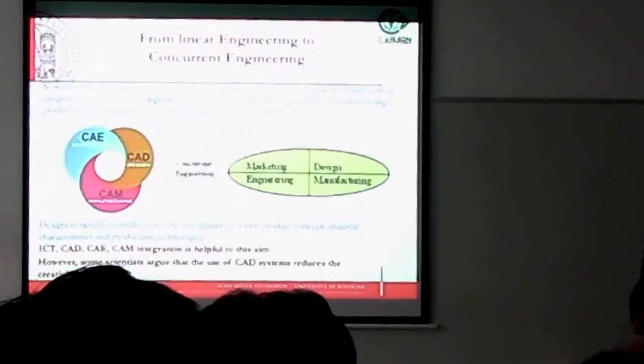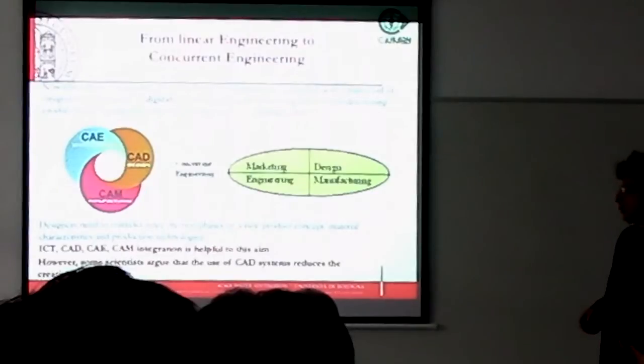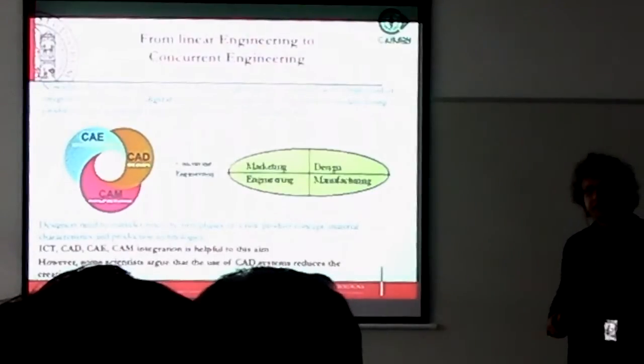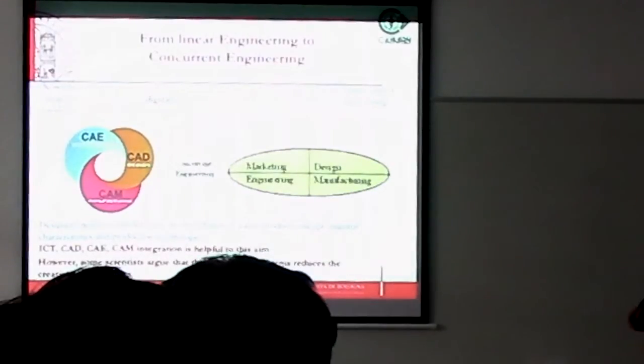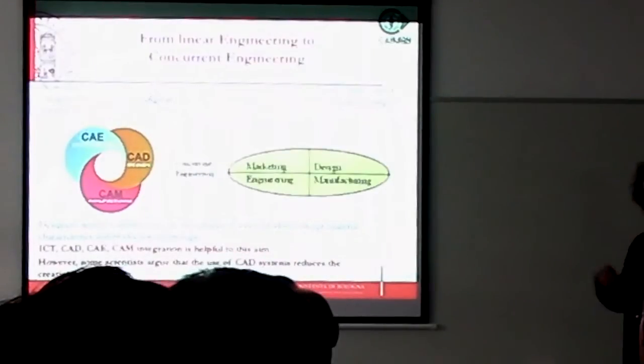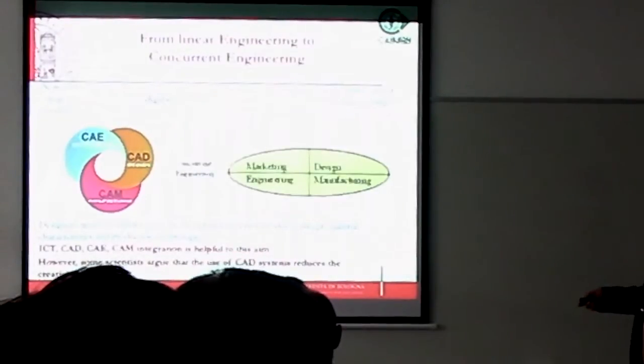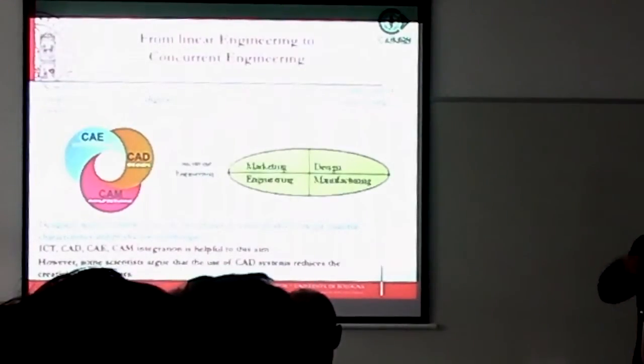But some scientists also argue, for example, an important philosopher argued, that the use of computer-aided systems, digital systems generally, reduces the creativity of designers. So it means less creativity, less variety of products.